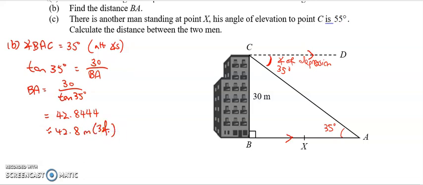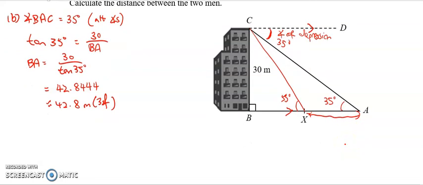The question asks, there's a man standing at point X, and his angle of elevation to point C is 55 degrees. Calculate the distance between these two men. We are supposed to find XA. This is quite similar to the previous example. In order to find XA, we can use BA subtract BX.